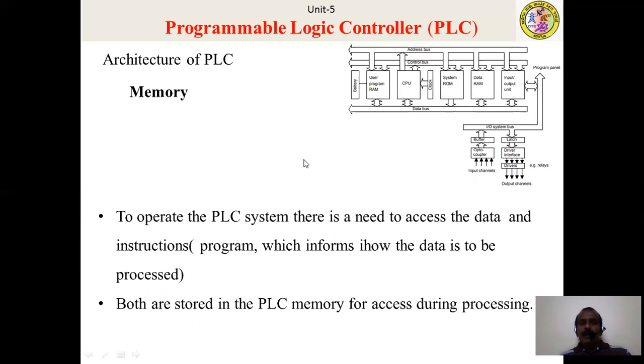Coming to the memory part, to operate the PLC system, we need to access the data and instructions. Instructions are nothing but the programs which inform how the data is to be processed. So both the data and the programs are stored in PLC memory for access during processing.